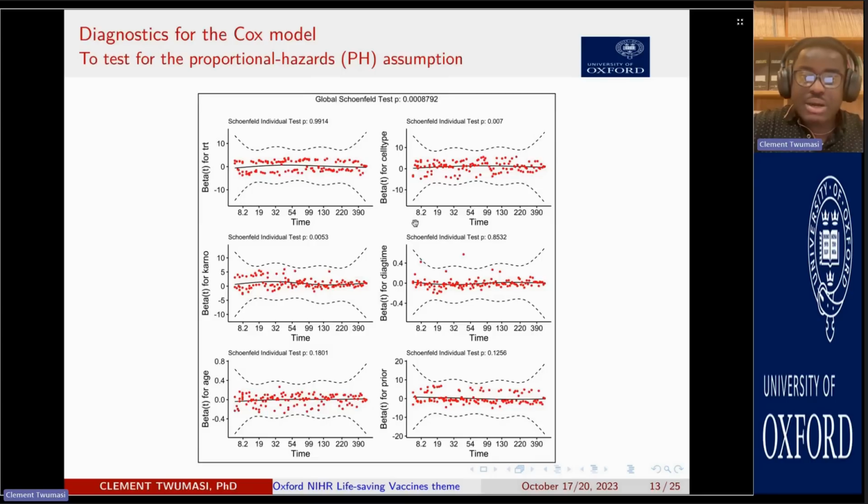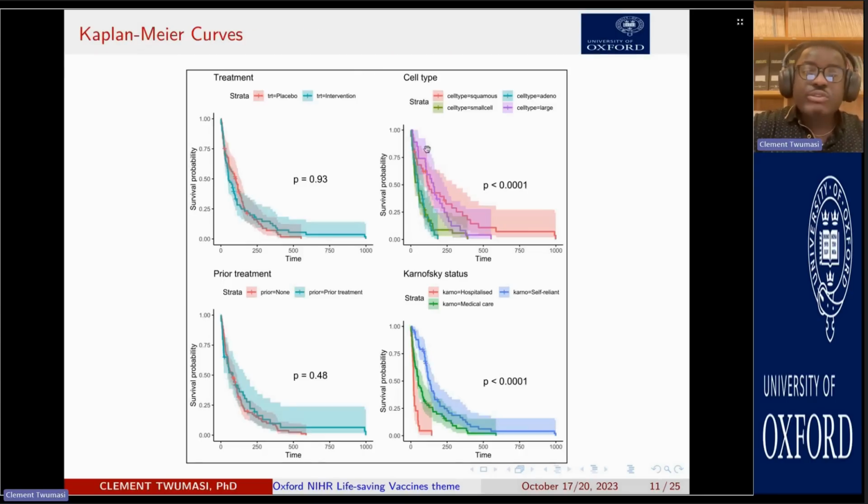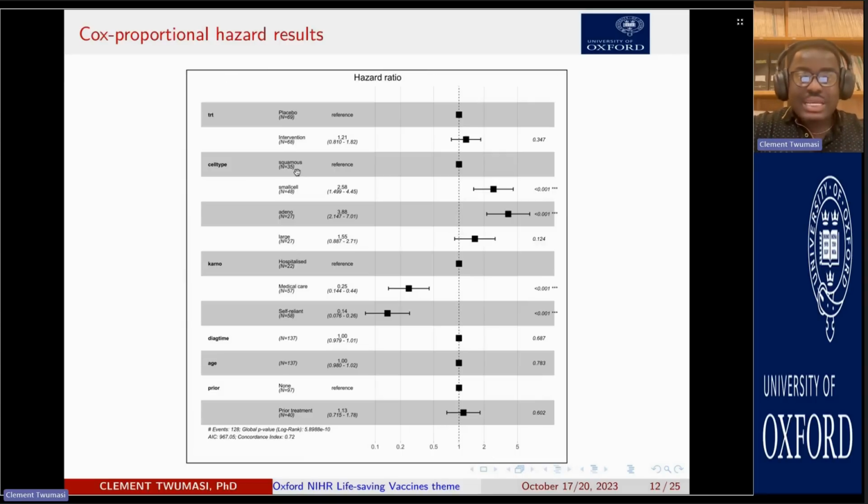So now let's think about what comes after. You do the Kaplan-Meier curve to explore how the survival curves vary between levels of some predictors. And then you can fit a Cox proportional hazards model if you are trying to control for other potential predictors and adjust for the effect of others as well.